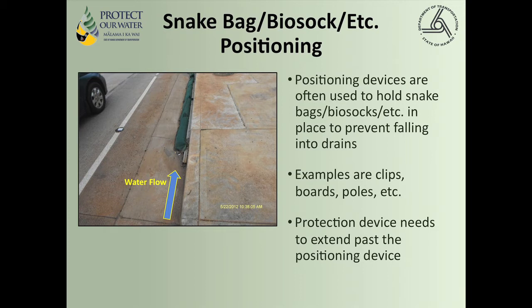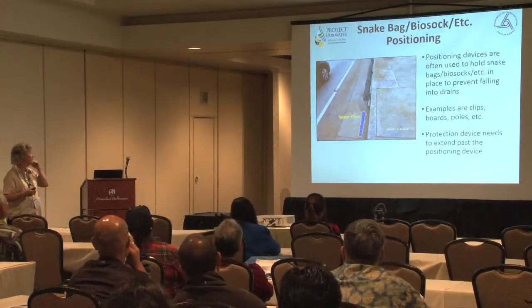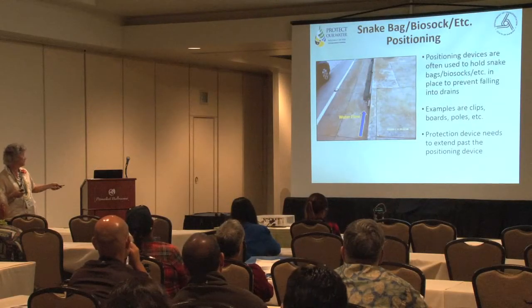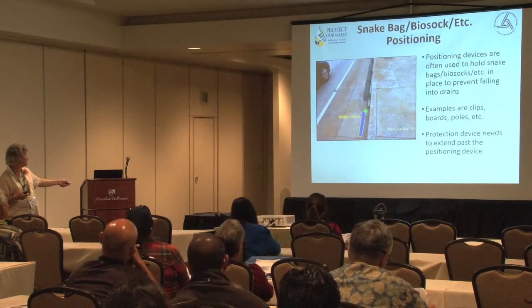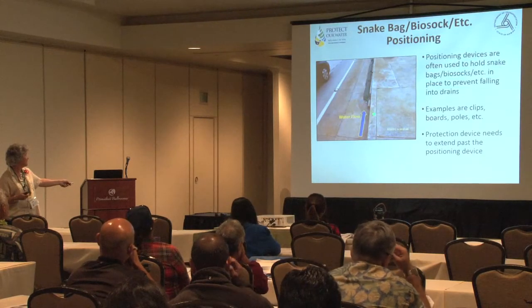If you're using biosocks or snake bags and you happen to put something behind it to keep it in place and from falling into the inlet, because on newly worked roads you have a big mouth, you need to make sure that your protection comes all the way around.